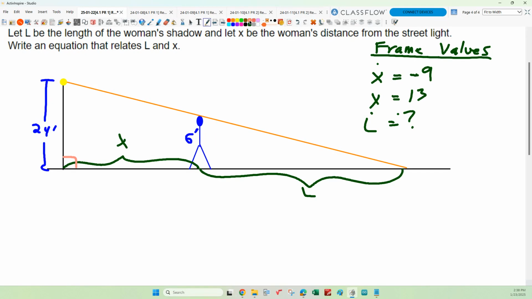2x equals... I don't know that. It's just a guess. 2L. She's got very good posture. She stands very vertically.